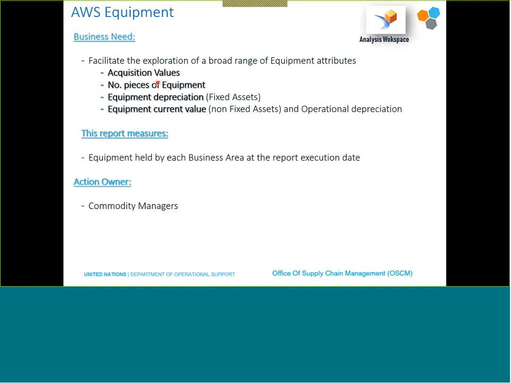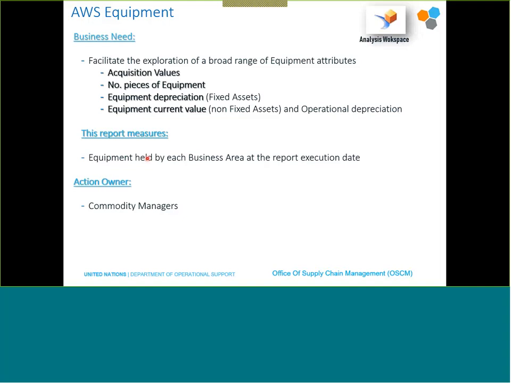I put in down the road screenshots of all the different objects that you can use in this AWS. There is no KPI in itself, because this report is meant for you to do an analysis rather than to look at the reality of your equipment in terms of KPI. For that, you have some other reports that we have already covered, that Brian has covered.